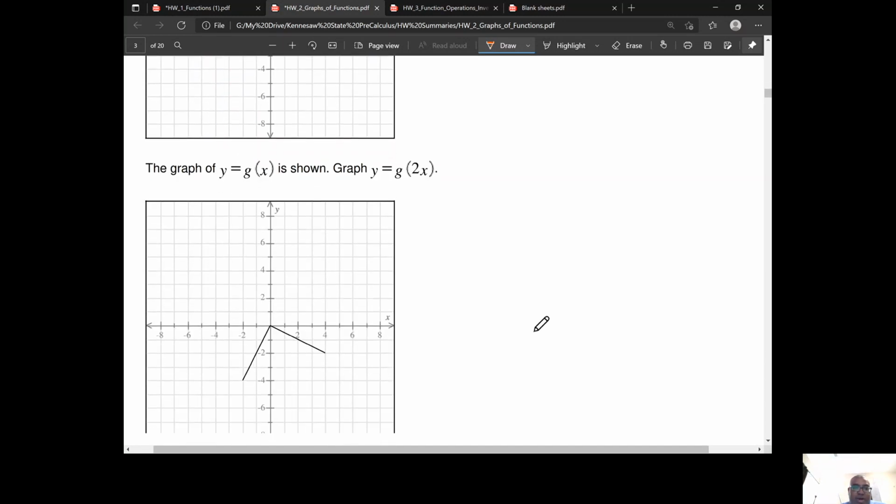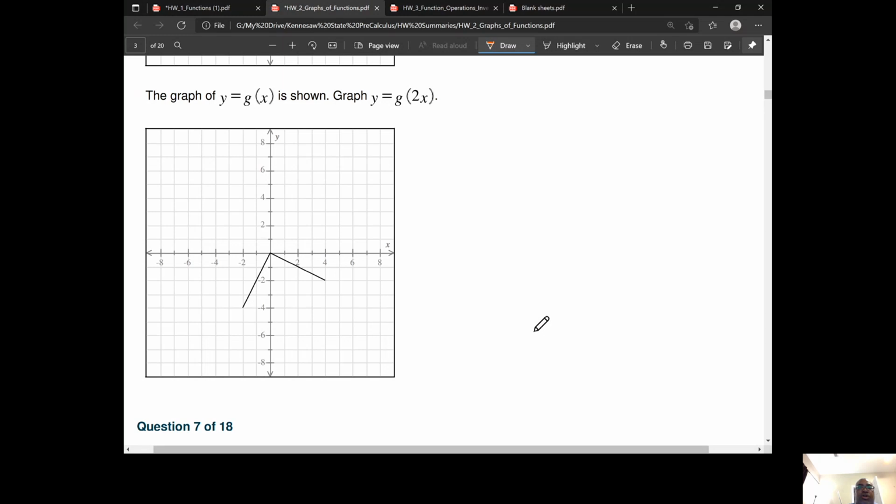So the graph y equals g of x is shown below. Graph y equals g of 2x. So this is g of x, and we're doing g of 2x. The transformation is you're multiplying. For example, 0, 0 stays the same.